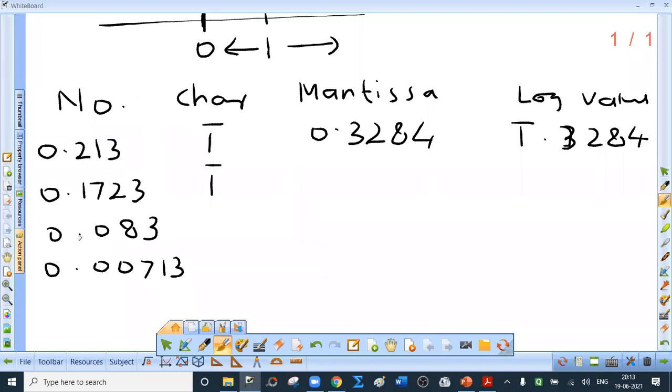Here, there is 1 zero immediately placed after decimal point. So 1 plus 1, that is 2. But characteristic -2 is to be written as bar 2. And what about this? 2 zeros immediately placed after decimal point. So characteristic is bar 3. Okay. Now tell me mantissa and final log value.